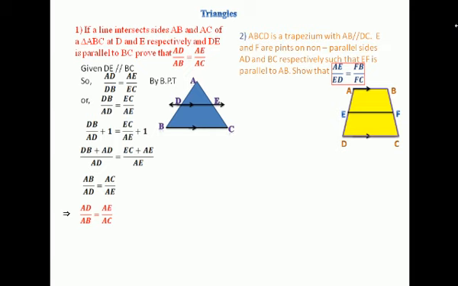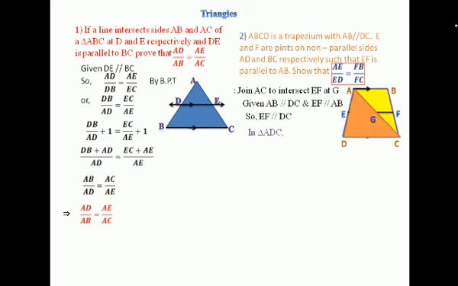So by construction, join AC to intersect EF at G. So we are getting the triangles now. As AB is parallel to CD and EF is parallel to AB, obviously EF is parallel to DC. Consider the triangle ADC.